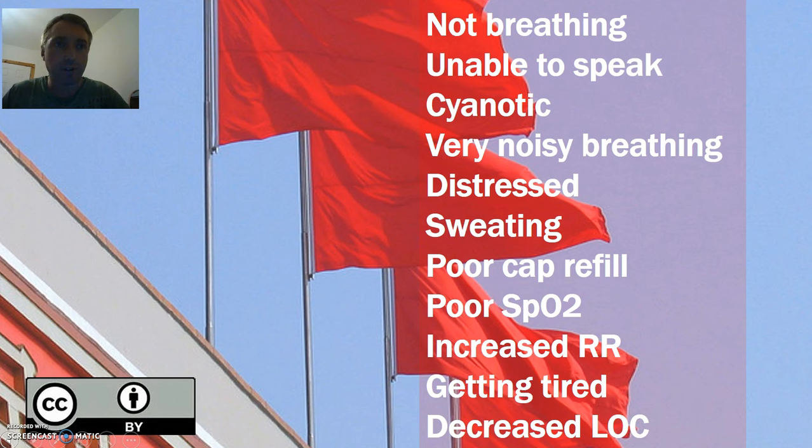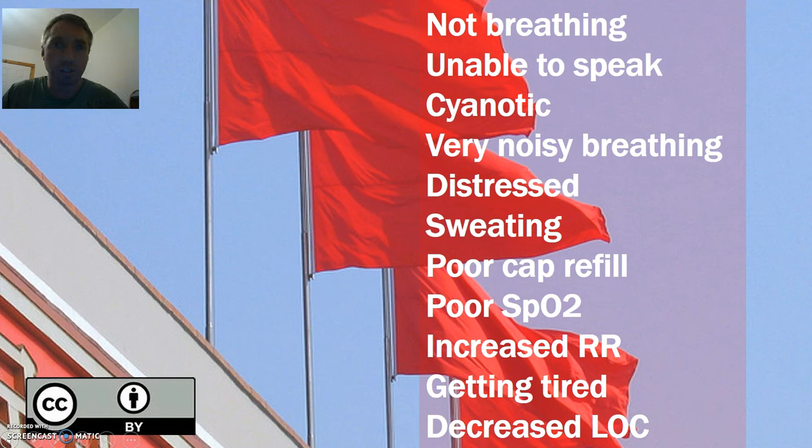Be very careful if you see any of these things when you're assessing these patients. These are some of the red flags which should set alarm bells off. Obviously, if they're not breathing, or if they're so short of breath that they're unable to speak, it's a very serious sign. If they're cyanotic or blue-looking, it can be a very serious sign.